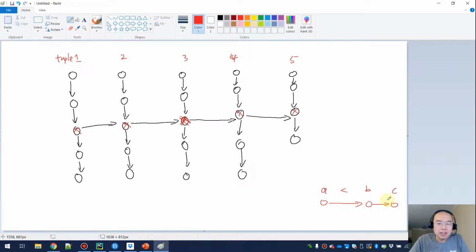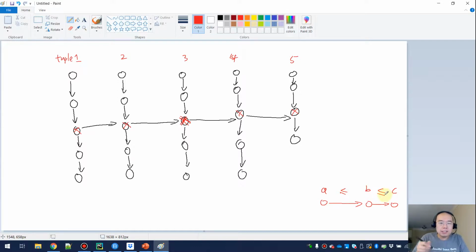That means A must be smaller than C, right? A goes to B means A is smaller than B, and B goes to C, so B is smaller than C. So A can go to C, which means A is smaller than or equal to C.